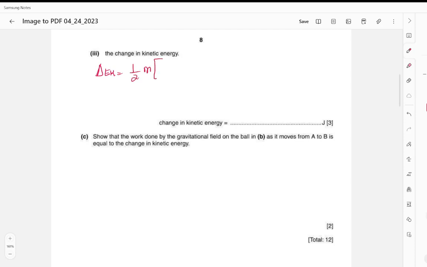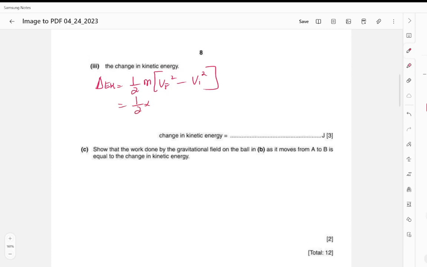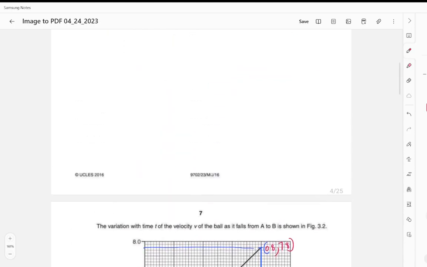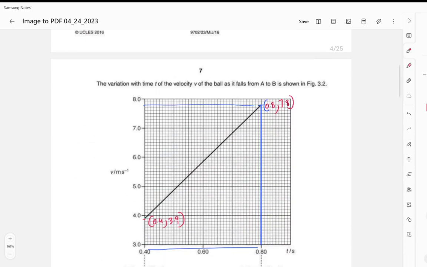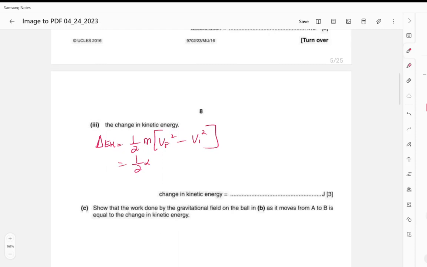M is common. So let this be V final squared minus V initial squared. Direct answer aa jayega. So half into the mass, पता नहीं कितना था इसका. Yeah, this scrolling kills me. 1.5. So ये हो जाएगा 1.5 multiplied by V final.